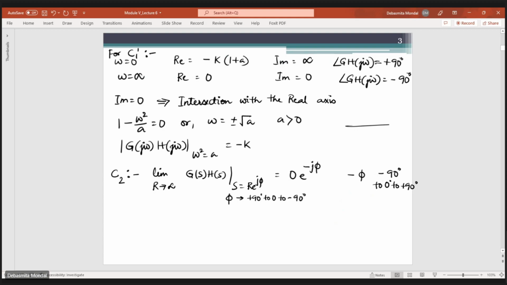Then we'll find it for C3. For C3, we'll find the limit epsilon tends to 0. Similarly, gs of hs at s equals epsilon e to the power j theta, and it will come out as minus infinity e to the power minus j theta.